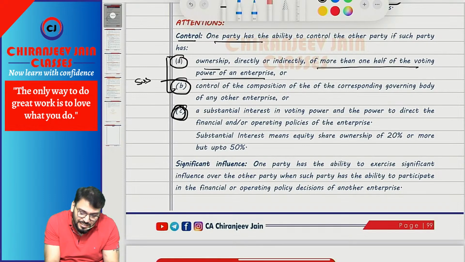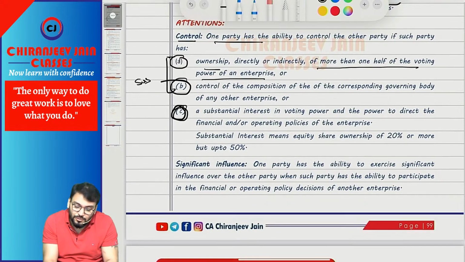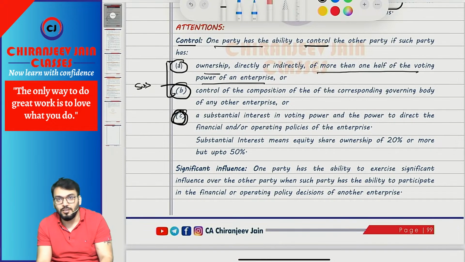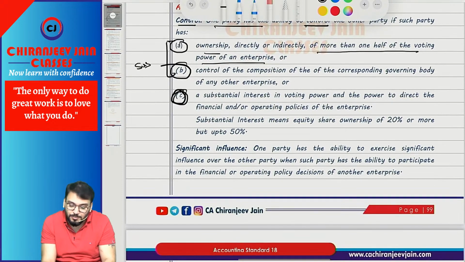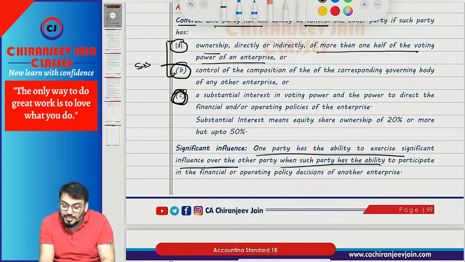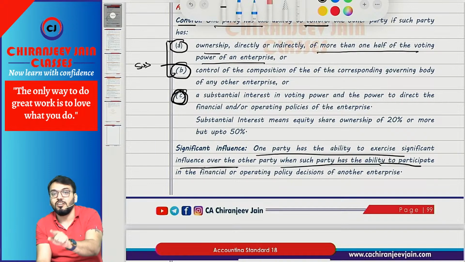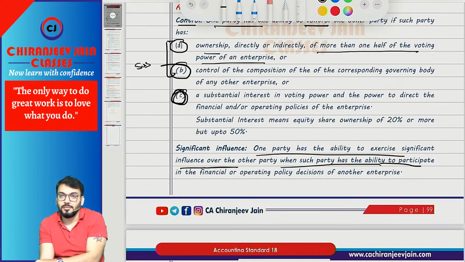Point number C for this chapter will also give the ability to control. Then significant influence means one party has the ability to exercise significant influence over another party when such party has the ability to participate in the financial and operating policy of the entity.